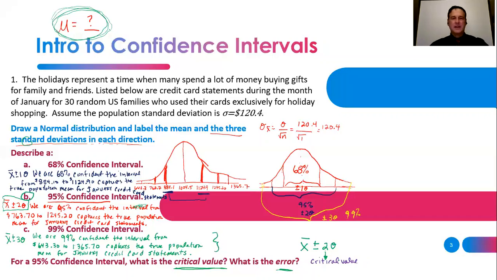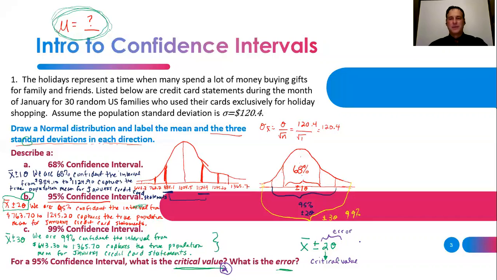Okay, so that's an easy answer. This is 2. I'm just going to circle that right next to critical value. And the error is everything behind your point estimate. So basically, it's 2 times sigma, 2 times your standard deviation.